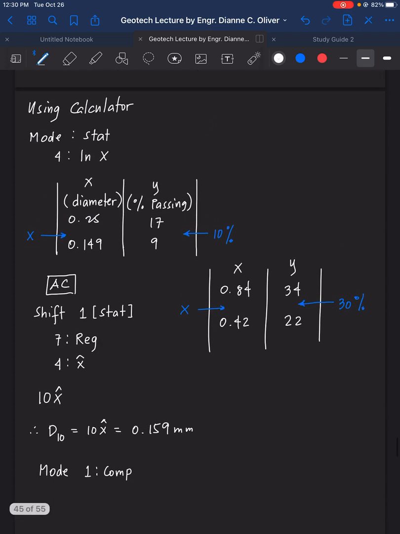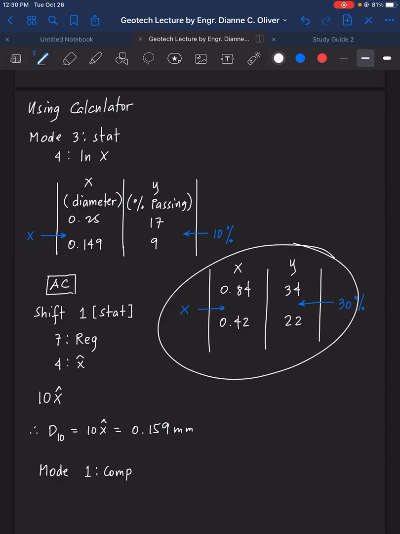Then let's repeat mode stat, so mode number 3. Mode 3 stat. Then number 4 ln x. Then you see this table. Then type there 0.84 equals 0.42 equals. Move to the right column. Then 34 equals 22 equals.